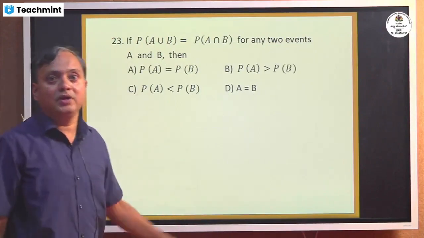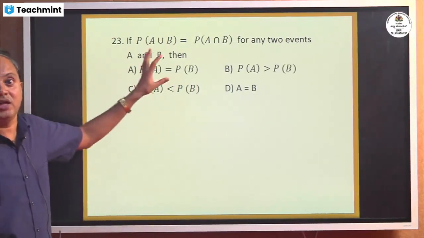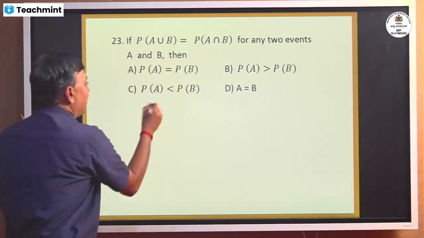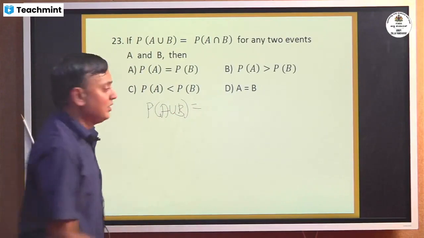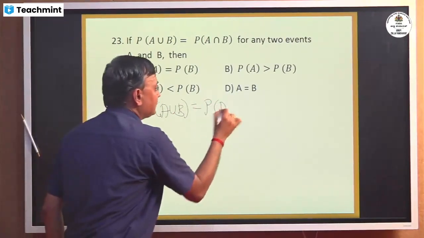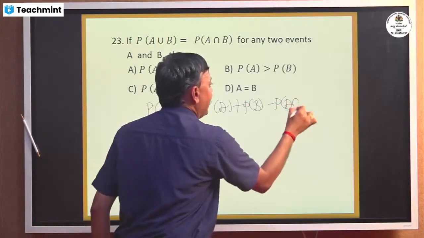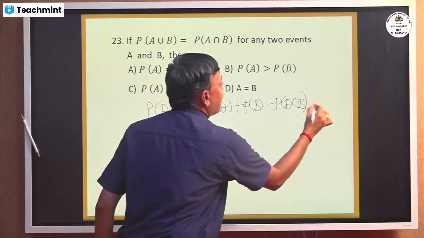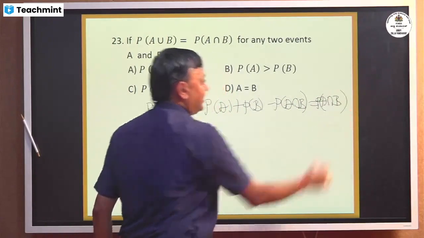Here probability of A union B is equal to probability of A intersection B for any two events. So by the same formula, probability of A union B is probability of A plus probability of B minus probability of A intersection B. This is equal to probability of A intersection B. That is given.